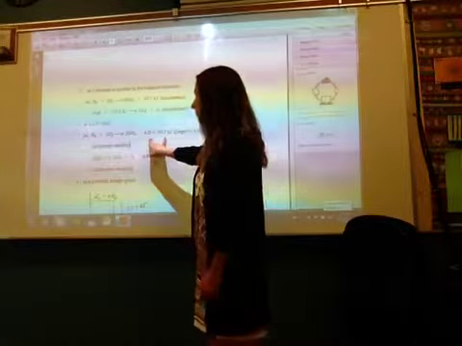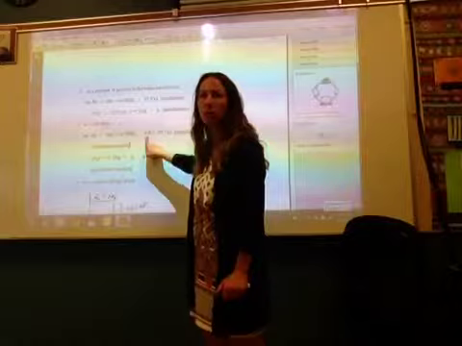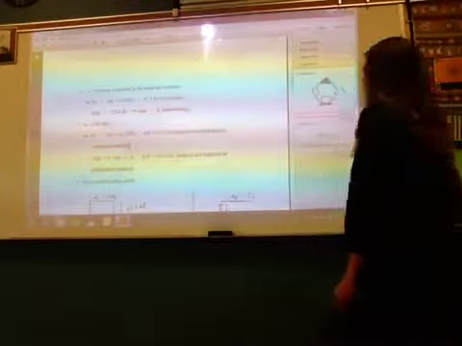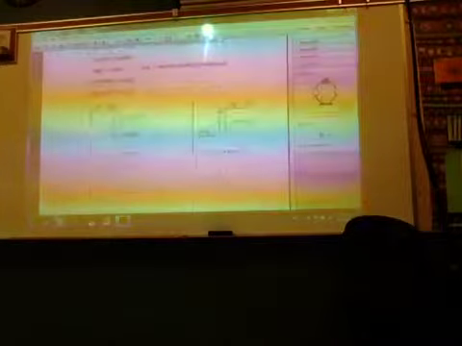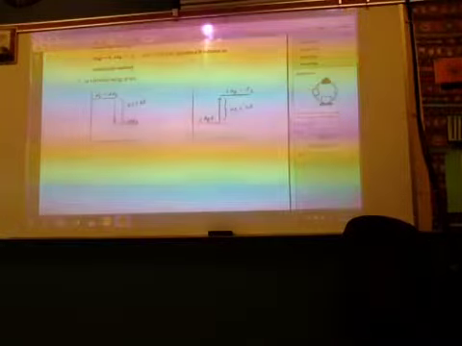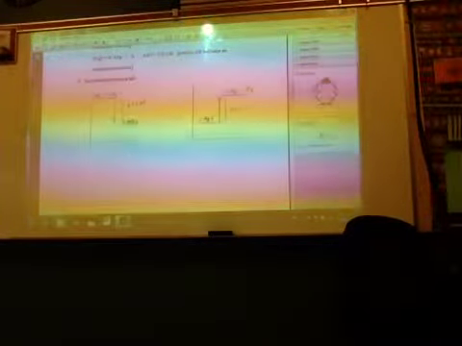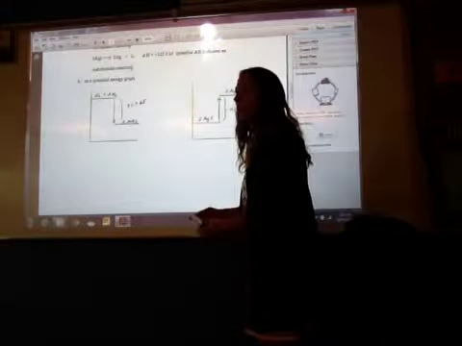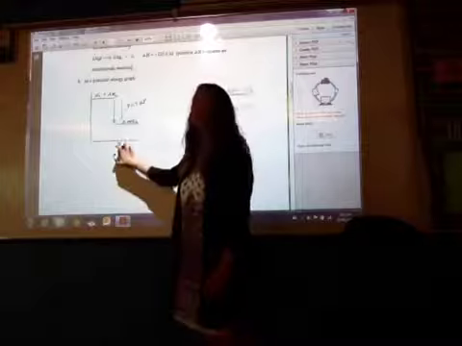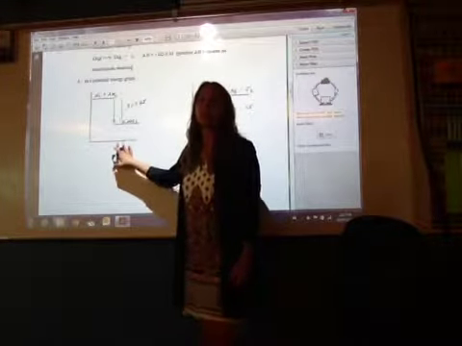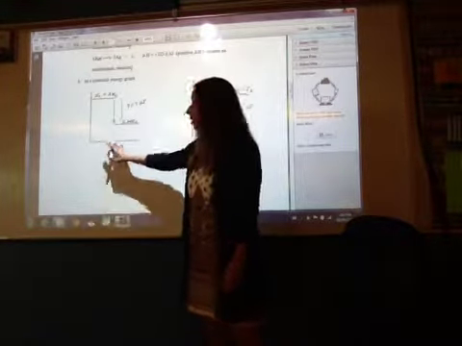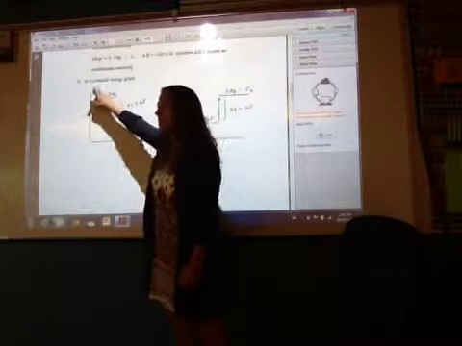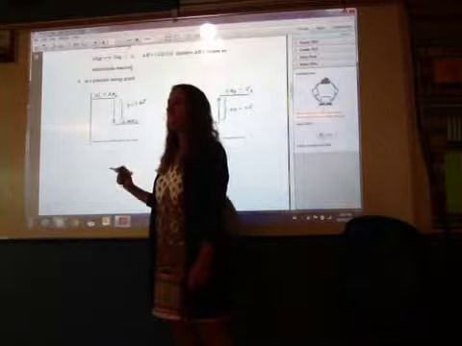Okay? What does the delta mean? Change. Okay? The last way to represent our enthalpy is by, better? Sorry, can you see that better now? Is by an enthalpy diagram, or an energy level diagram. Do you remember these from day 1 of this unit? What is this axis? That's potential energy.